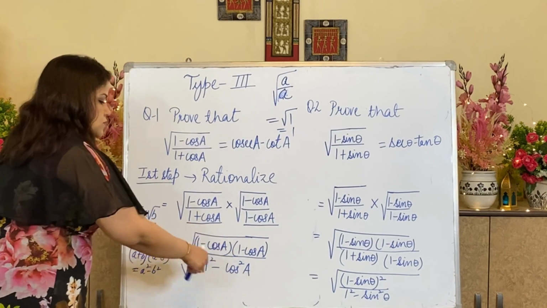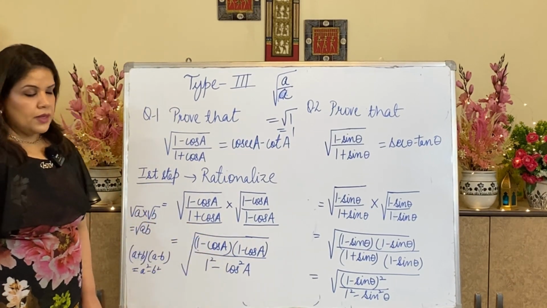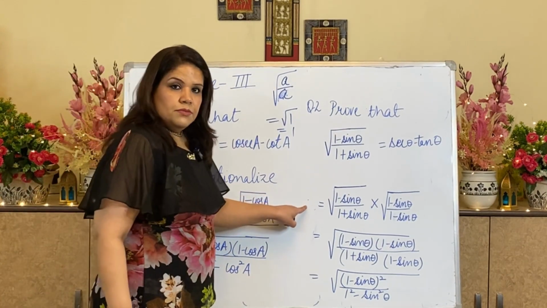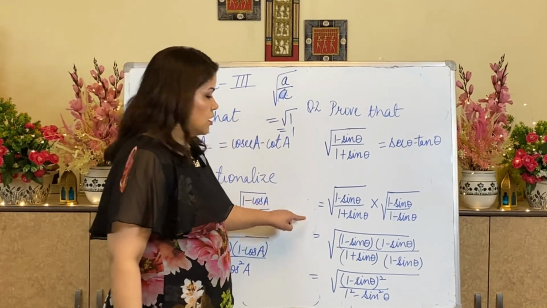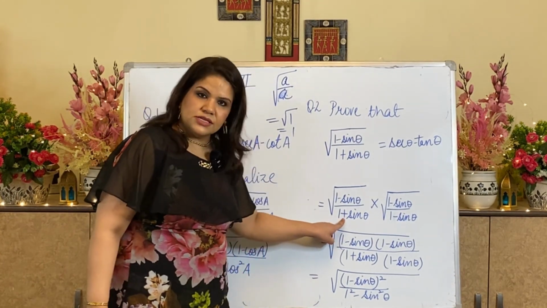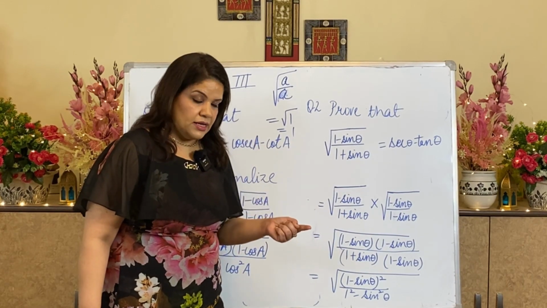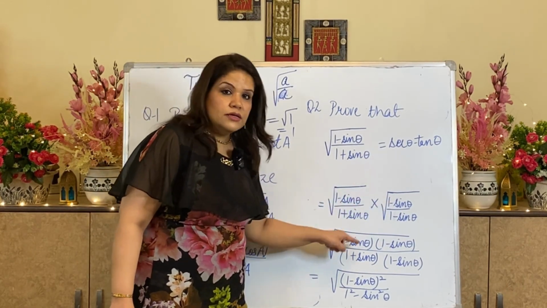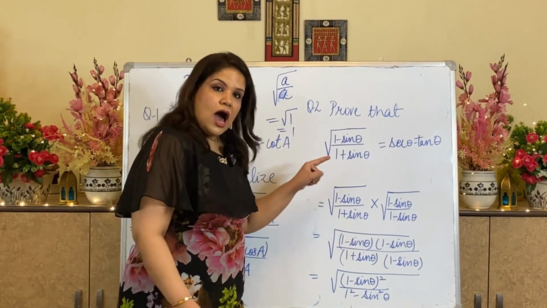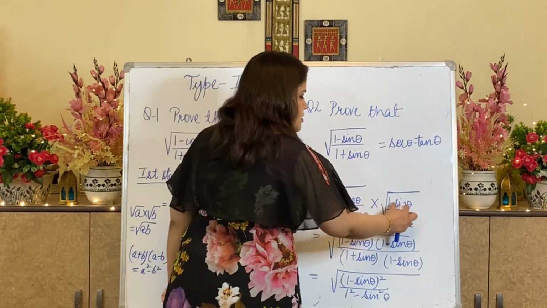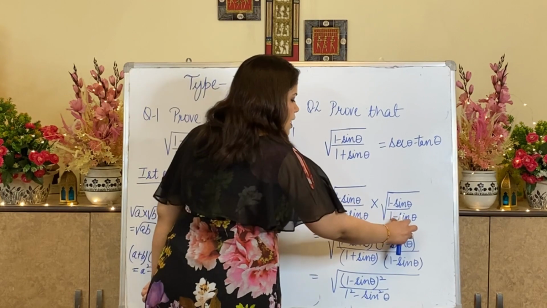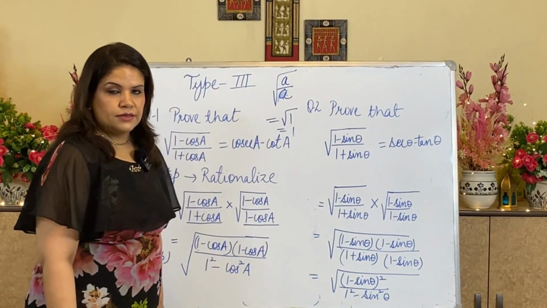So now you can use this as an identity. For the same type of question, what did I do? This plus sign in the denominator will get changed to minus, and under the square root sign, I will multiply this with the numerator and this with the denominator.